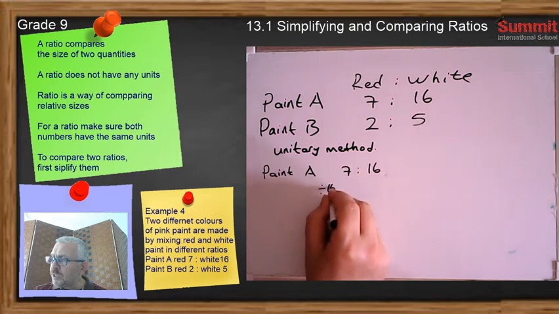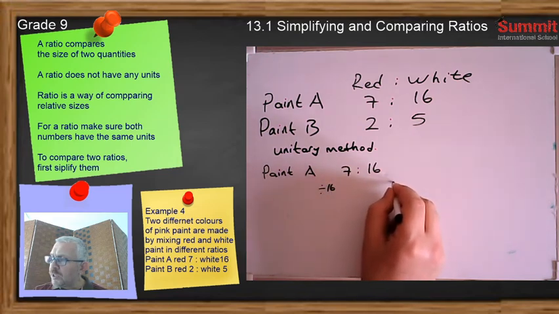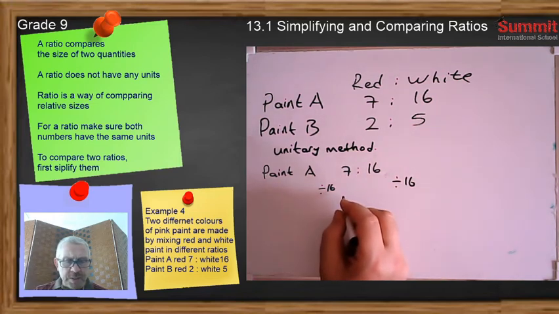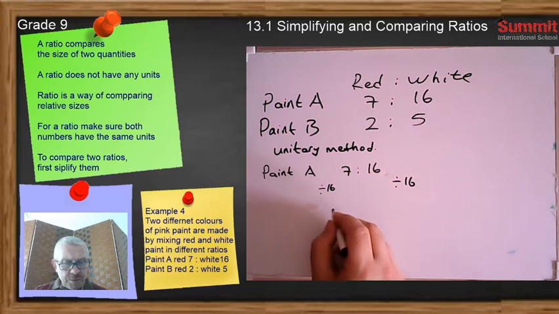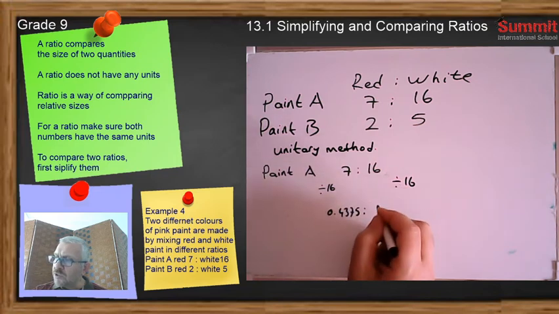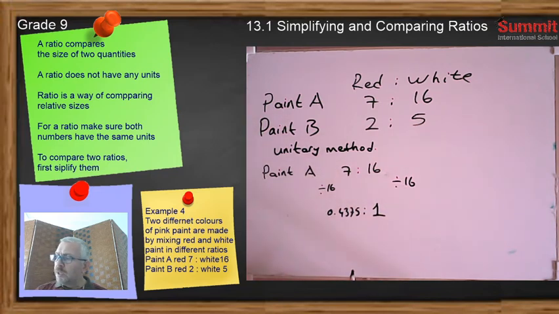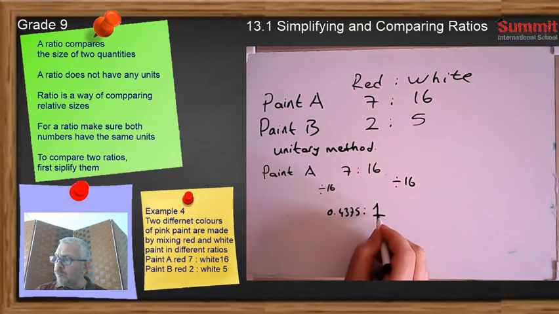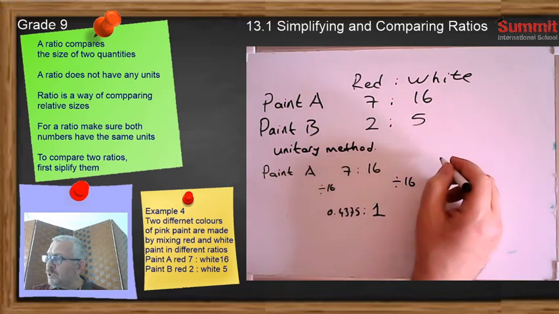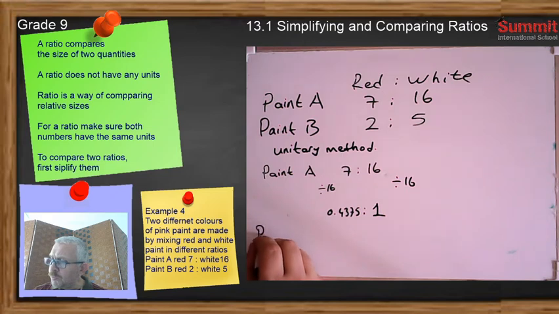Now when we divide 7 by 16, we get 0.4375, and on the other side we get 1. Now it means for 1 unit of white we are going to use 0.4375 red.